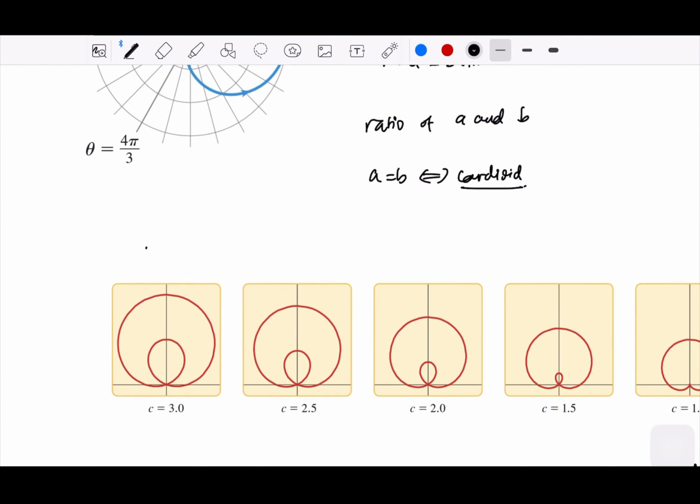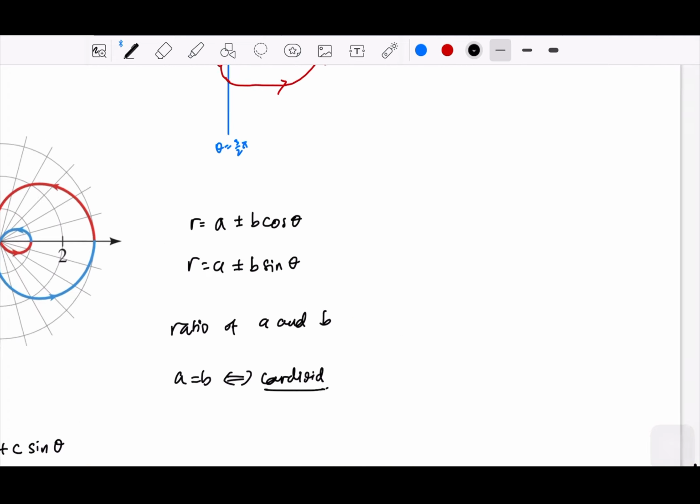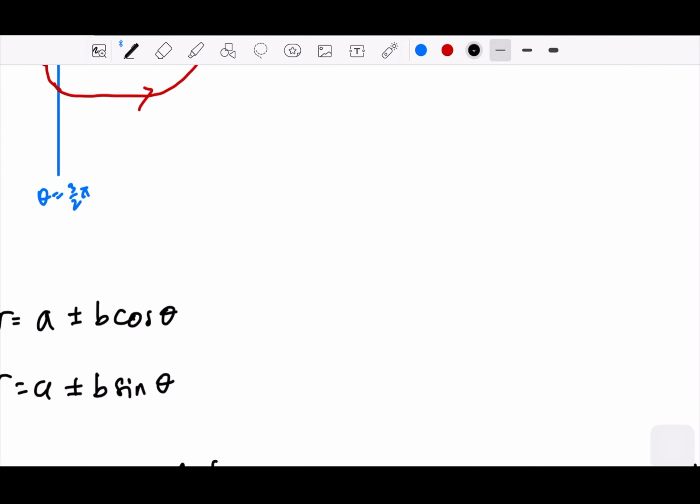This is if we have r equals 1 plus c sine. Remember, I have mentioned before briefly that sine will have top and bottom relations, while cosine has right or left. So let's take some examples: 2 cosine theta like before, then -2 cosine theta, and also 2 sine theta, and r equals -2 sine theta.